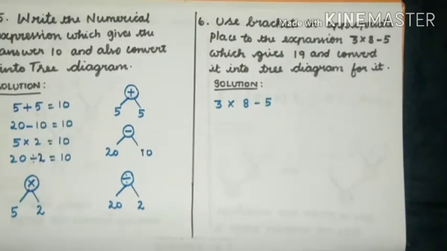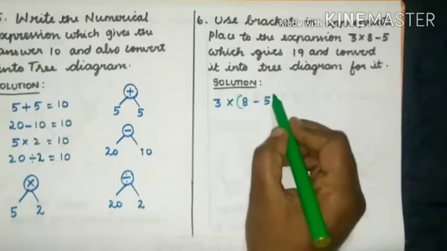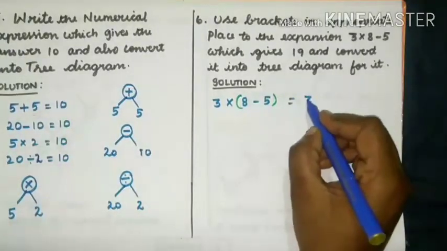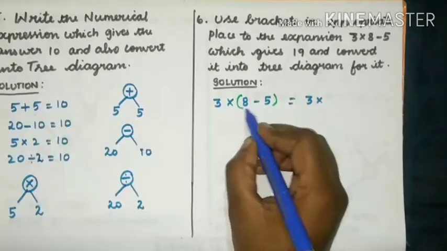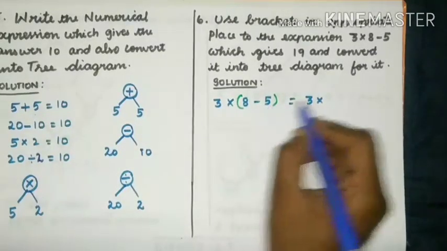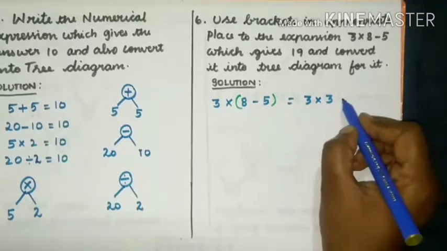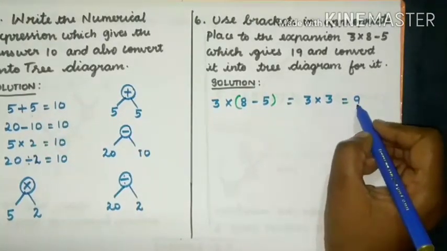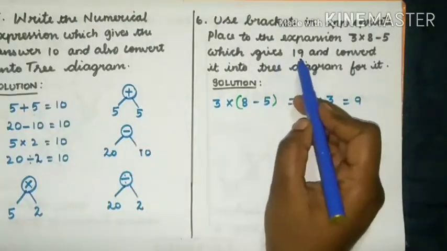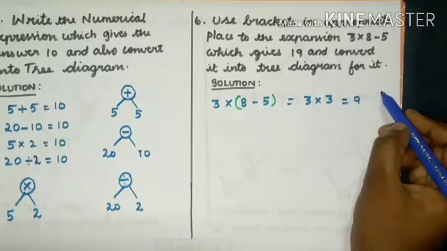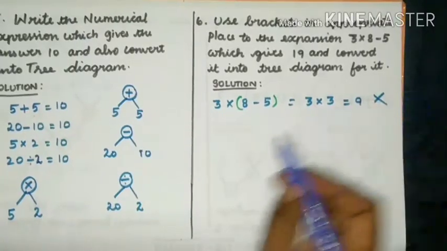If we use bracket here means 8 minus 5, what answer will you get? First, you have to solve the bracket. 8 minus 5 equal to, yes, 3. 3 3s are 9. You have to get the answer as 19, but you are getting 9 only. So, this one is wrong.